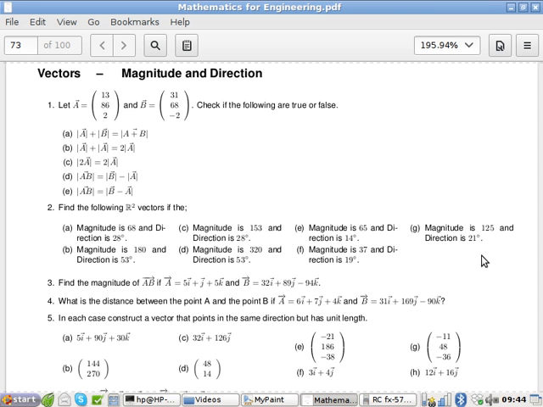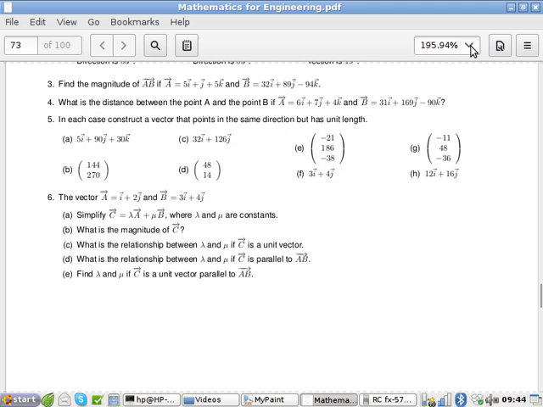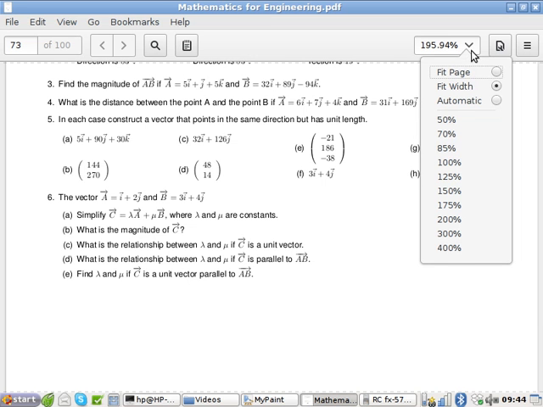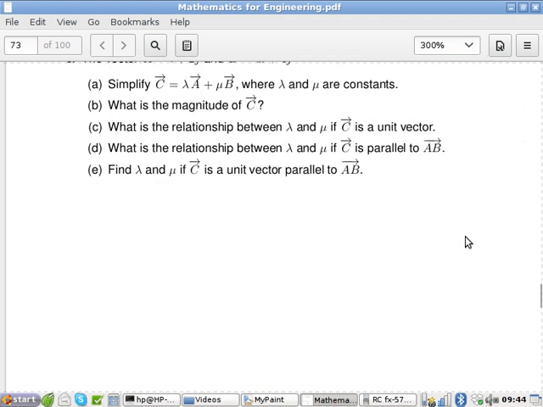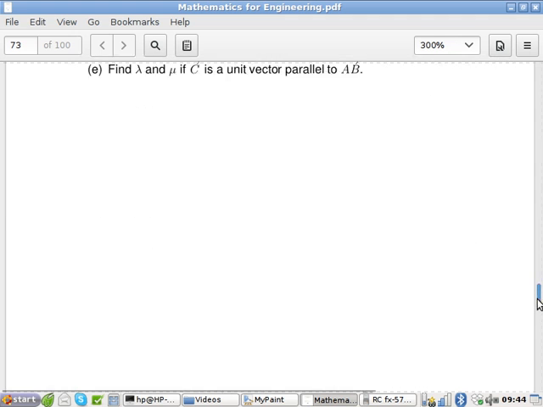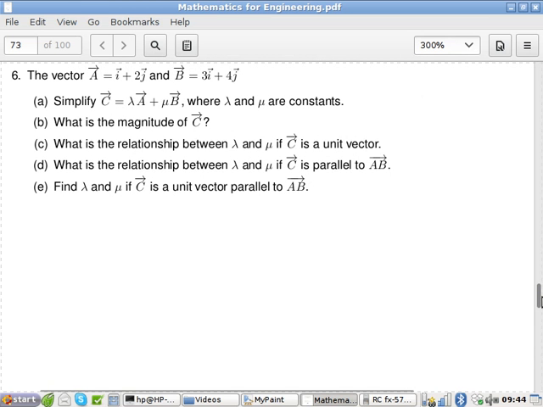Okay, let's have a look at 6. Can we have a look at 6 now?